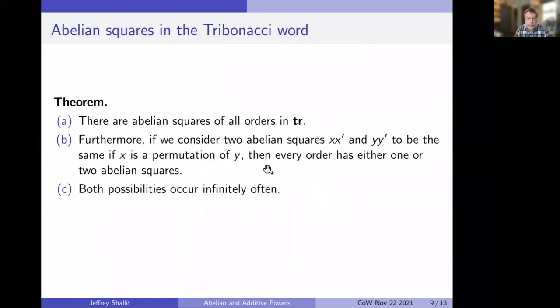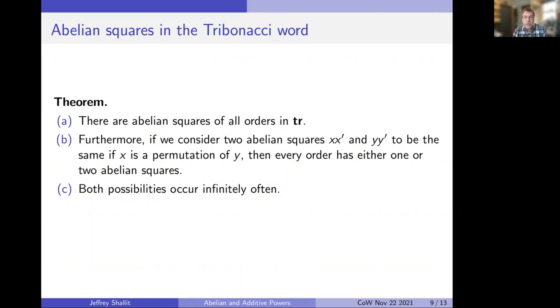Okay, so here's something that I found just by playing around: there are abelian squares of all orders in TR, and that's actually already known. But here's something that appears to be new, at least I asked a couple people and they had not seen it before.